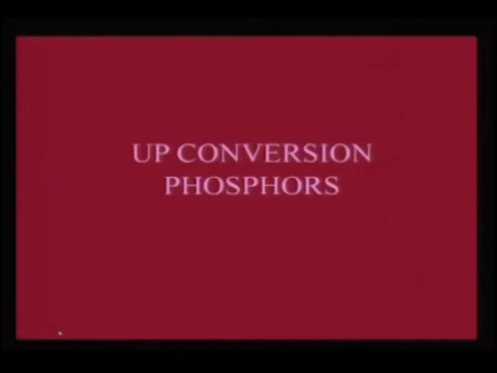Another example of these phosphors are up conversion phosphors. As we know, when we try to use a UV light, then you will get emission of a higher wavelength, in other words lesser energy.